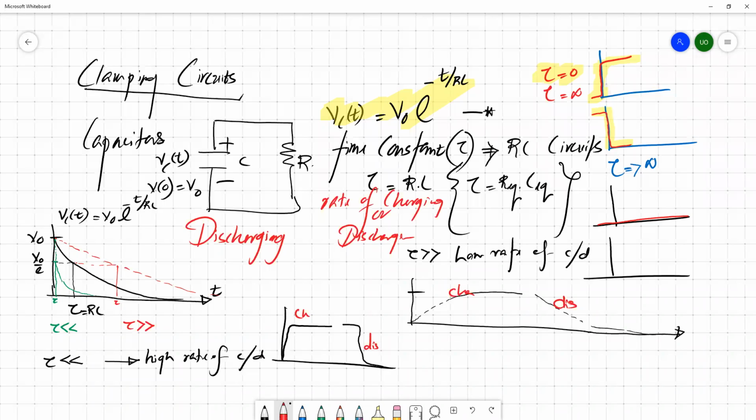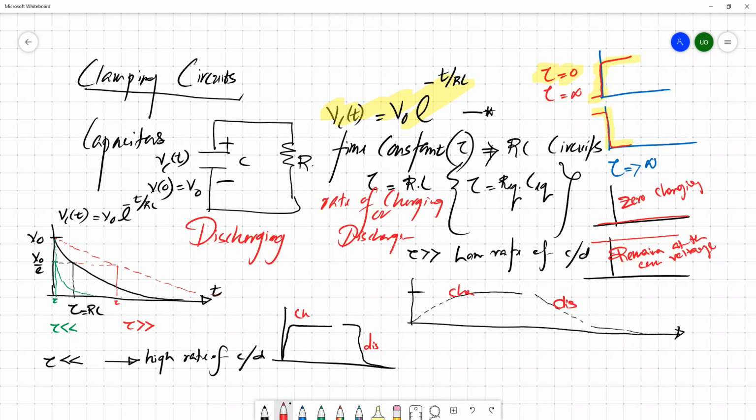So the charging would be zero. If we focus on discharging, whatever the voltage is remains as it is; it's never discharged, and remains at the same voltage. Hope you get the point.